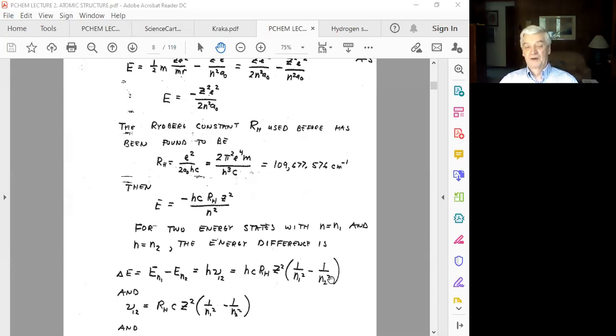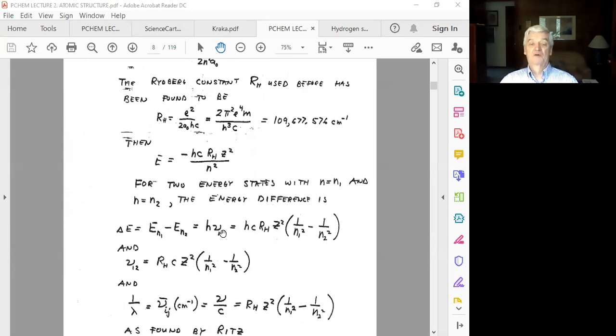So this part probably isn't even necessary, but if we wanted to then know the energy difference between two states, delta E would be, we stick in one n value for the upper state, a lower n value for the lower state, say that's equal to h nu from one state to the second state, and then it would come out looking like this.